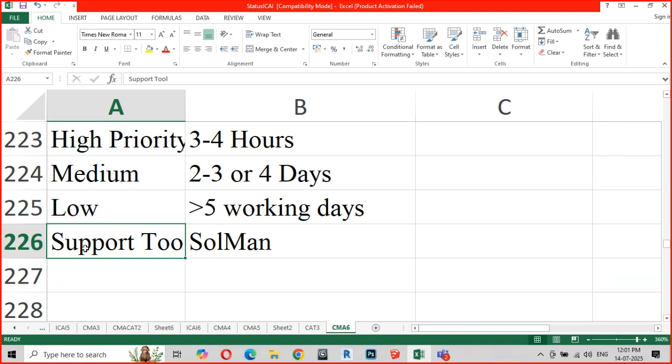So how long has the issue taken to get resolved from the moment it was raised till the moment it was resolved. Clear?